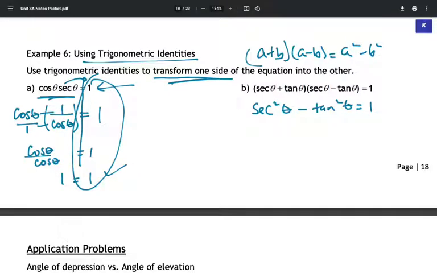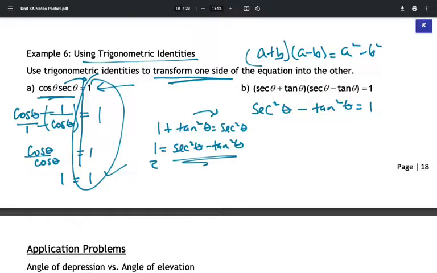And one of our trig identities up there said that 1 plus tangent squared theta equals secant squared theta. If I move the tangent squared over there, I'm going to get 1 equals secant squared theta minus tangent squared theta. So I can just go ahead and say that 1 equals 1, and I verified it.